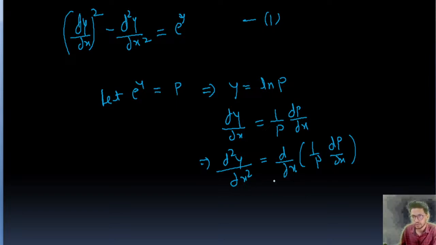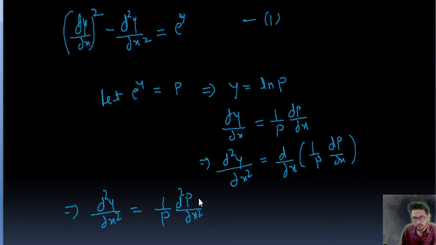This implies d2y over dx squared is going to be the first function times the differentiation of the second, so this is 1 upon p d2p upon dx squared, and then minus, now we'll differentiate this 1 upon p.